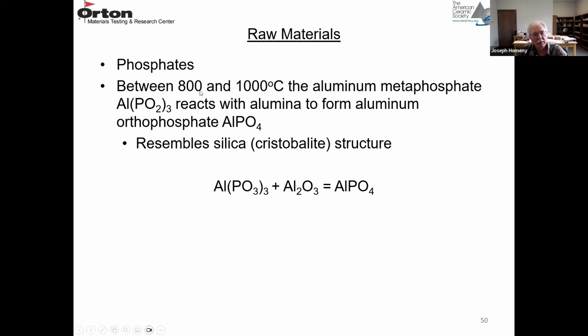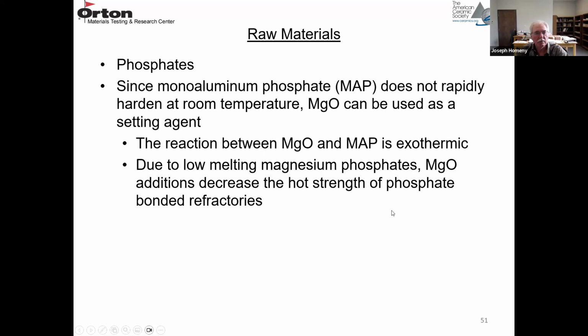So between 800 and 1,000 degrees C, it's going to react with alumina to form an aluminum orthophosphate, which is AlPO4. That's similar to the cristobalite structure. So AlPO3 taken 3 times plus alumina forms this aluminum orthophosphate. And that's the high temperature material that develops.